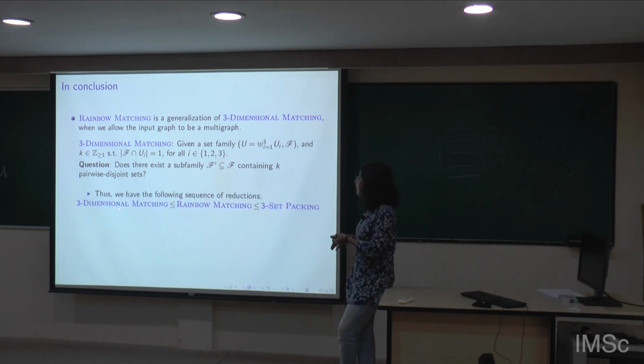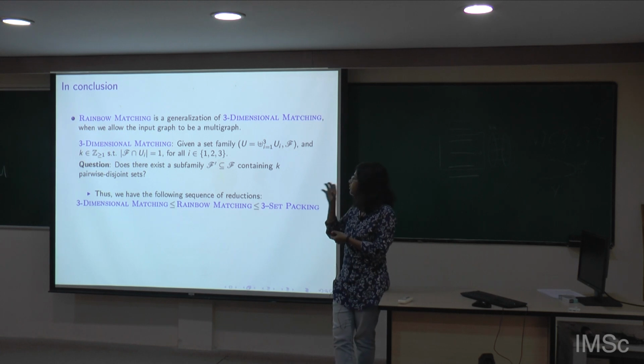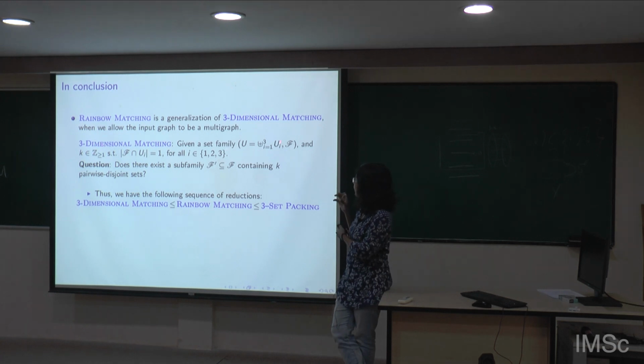Another problem from which you can give a reduction to rainbow matching is 3-dimensional matching. I'll quickly explain what the problem is. You have 3 types of sets, and a family where each set intersects each type at only one point.